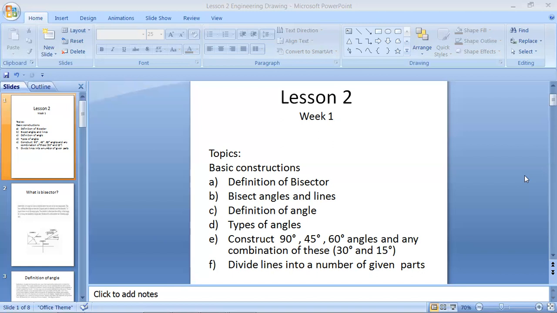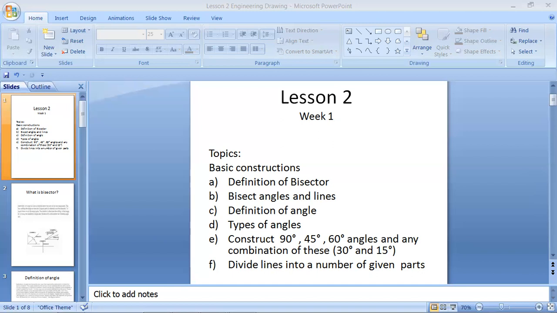At the end, we're going to look at how to divide a line into an equal number of parts, or how to divide a line into a ratio of given parts. That is the topic for this particular lesson.